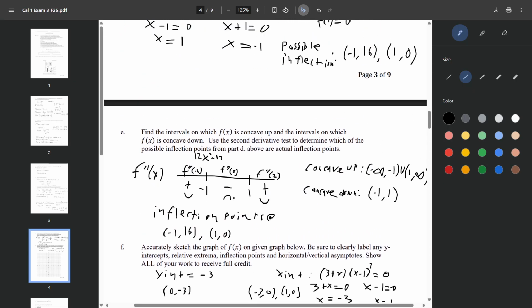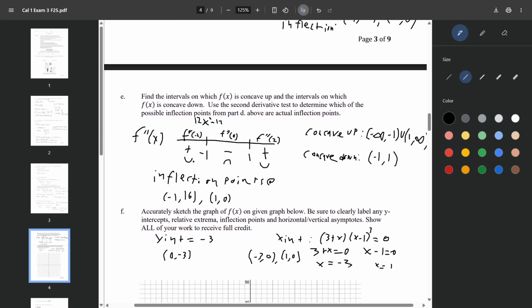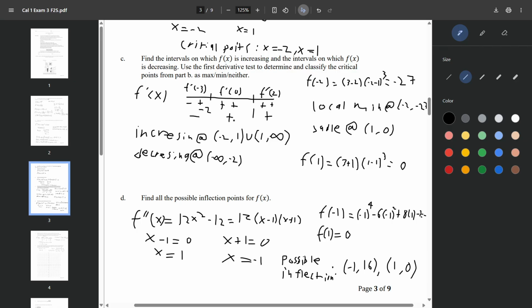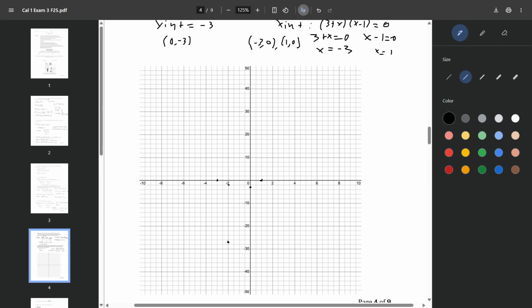We will look at how our concavity is: concave up, concave down, concave up, and where the graph is decreasing and increasing. So the graph is going to be decreasing until -2, where it's going to stop. Then the graph starts to increase, and at -1 it starts to increase again.